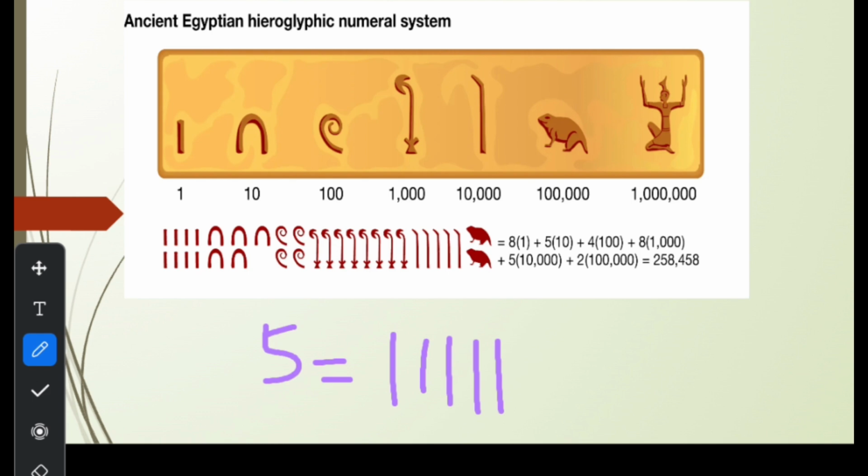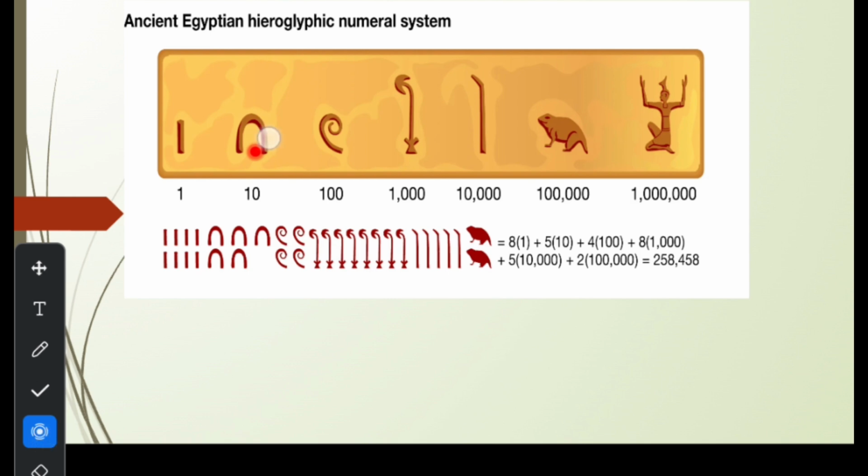until a symbol for 2-digit numbers evolved, that is this hump. Because in the number system, the numbers keep evolving. So in order to express a 2-digit number, they needed something for which they developed another symbol, that is the hump.